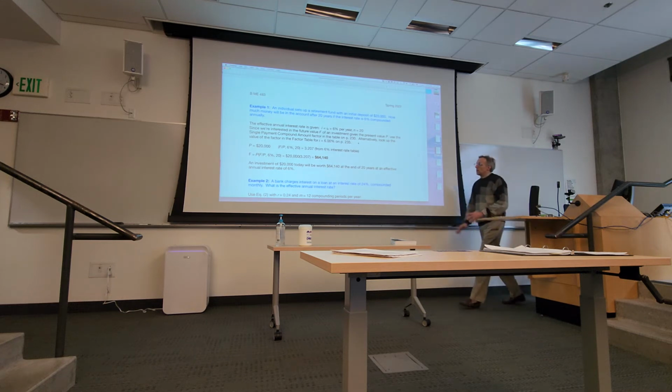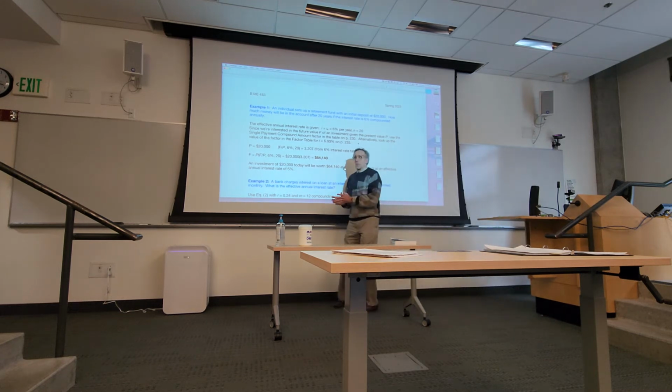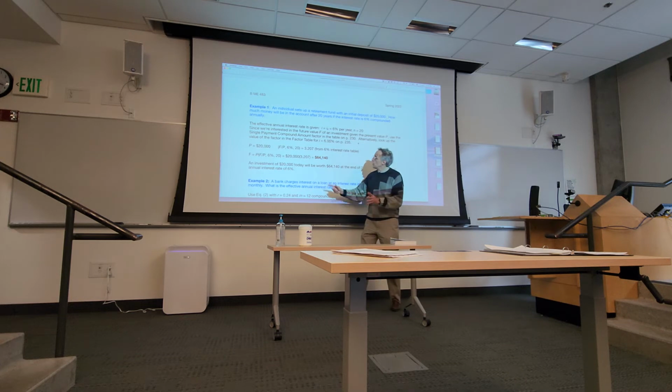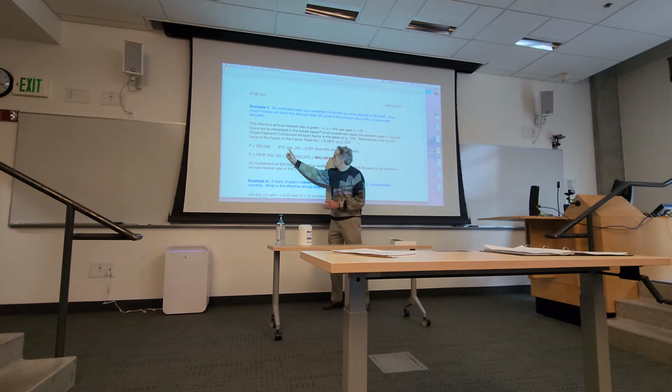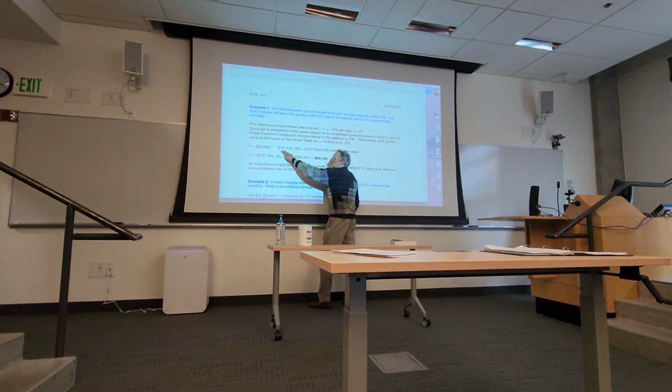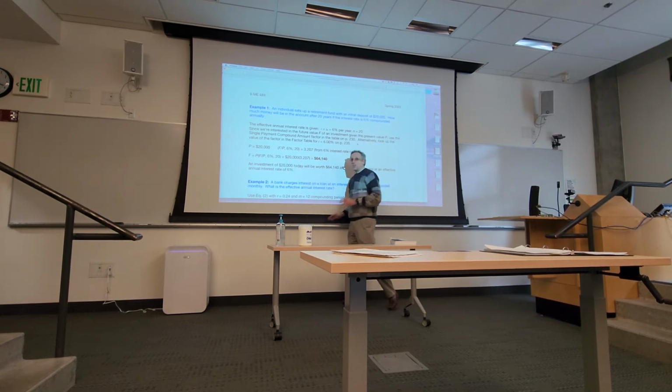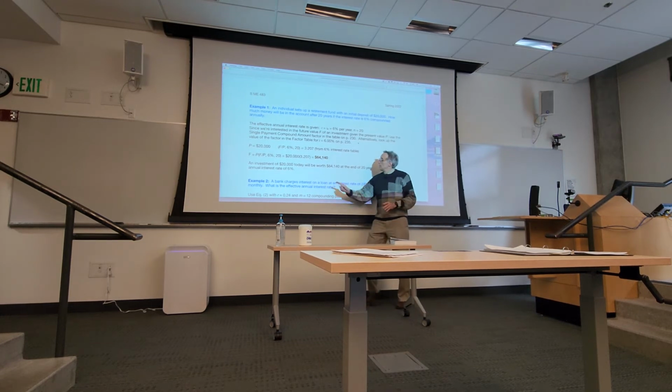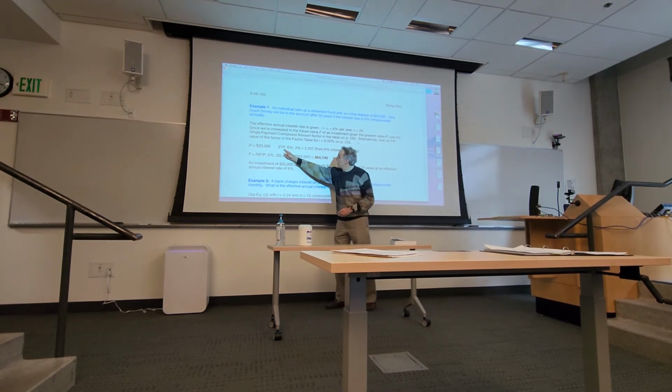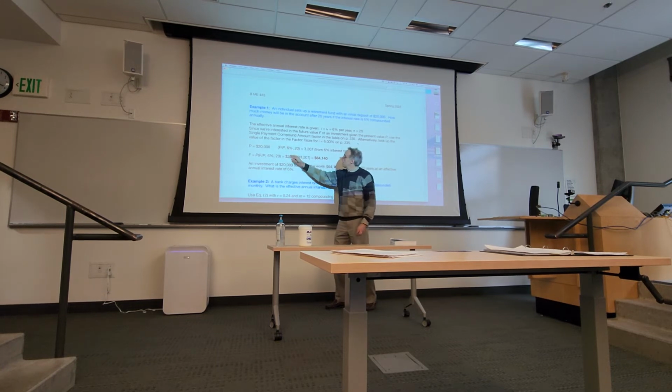Now, many of these problems can be handled just by learning this terminology, how to calculate the value of an investment or the value of money at different points in time. Here, we're given the present value, and we want to calculate the future value. The easy way to do this is to look up what's called an interest rate factor in a table, and the tables are by interest rate.